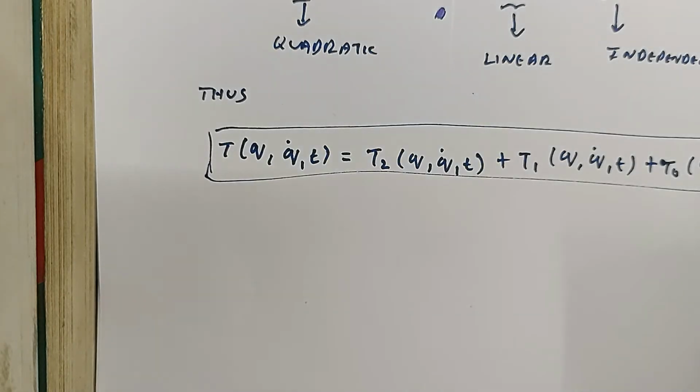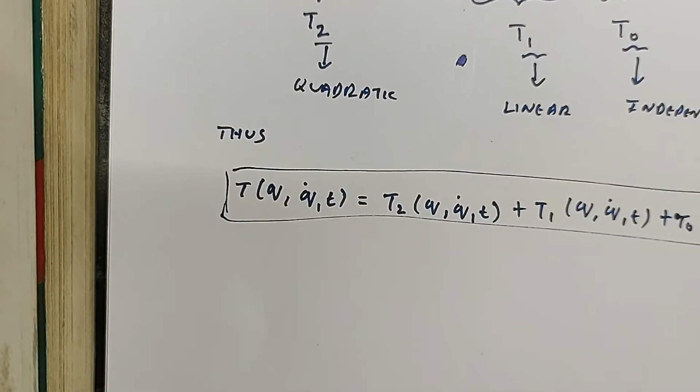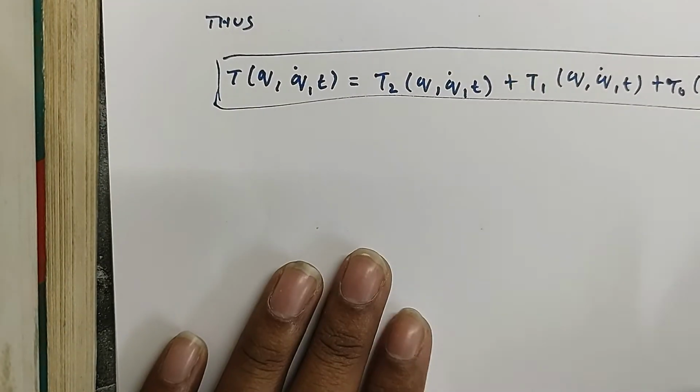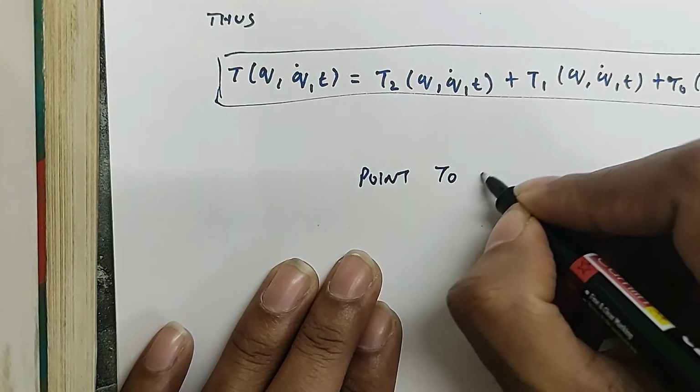Of course, I can go more. So in order to solve this equation, you need a constraint condition, say the Scleronomic condition. Please note this point. I've given notes also.